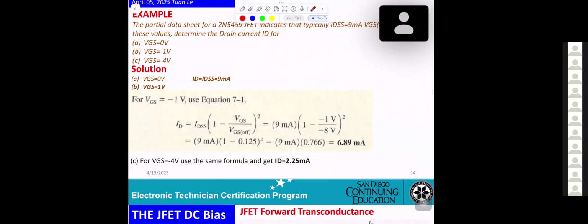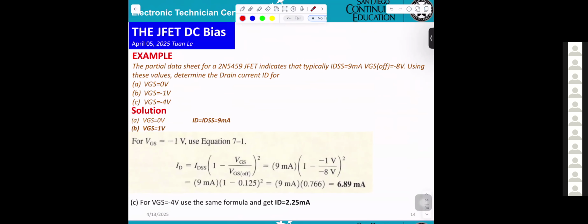And this is just an example. They're given the data sheet for the JFET, with IDSS given as 9 milliamp and VGS off of minus 8 volt.